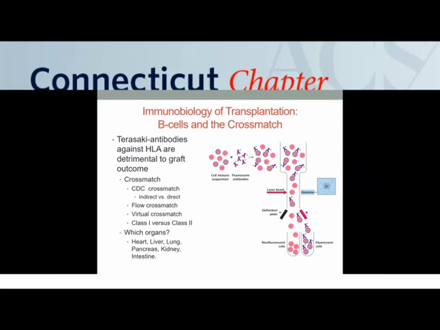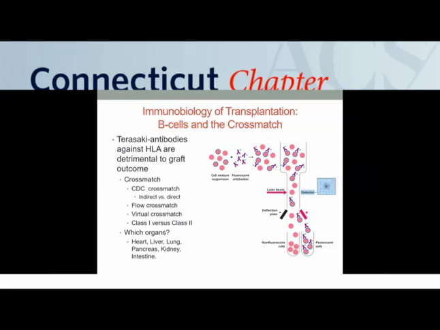And so in many organs, particularly in kidney and pancreas, and then in thoracic organs, we do what's called a cross match. So what we do is we expose the foreign tissue or the donor tissue, usually donor cells, to the recipient serum, which may contain antibody, and we see if those antibodies are present through flow cytometry.